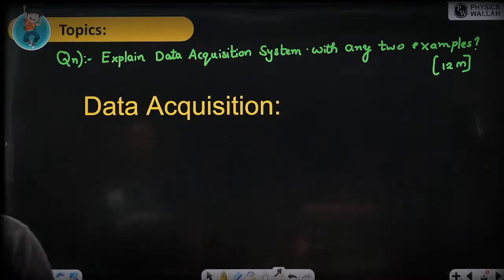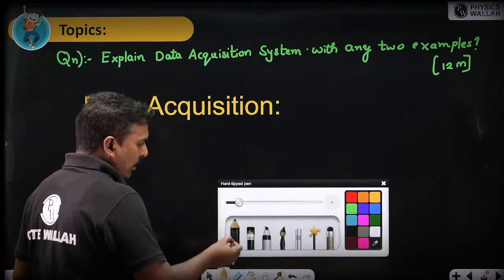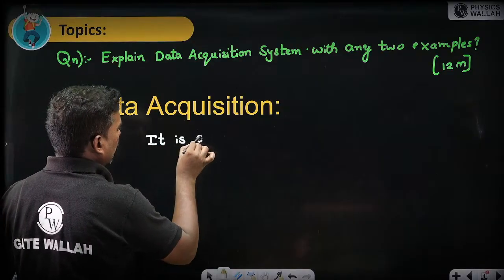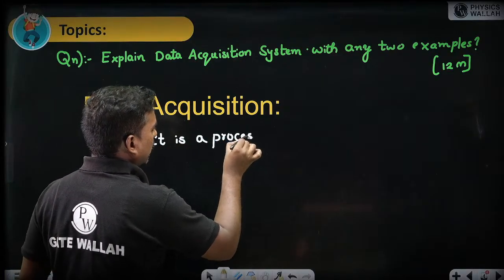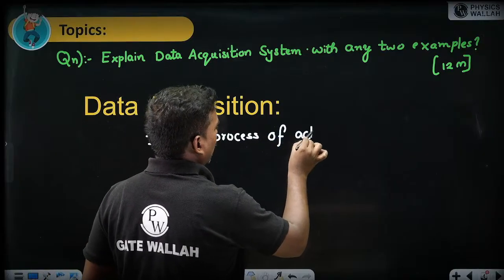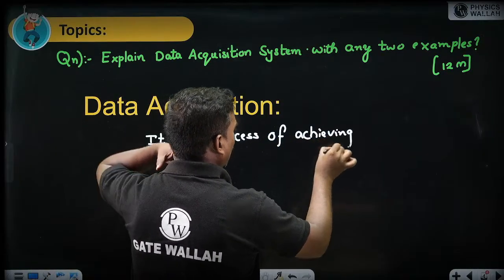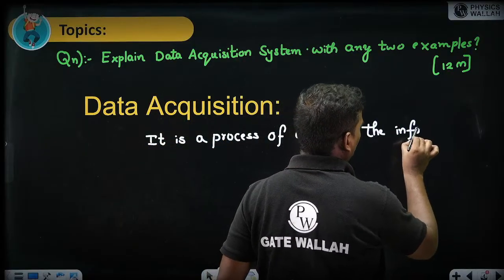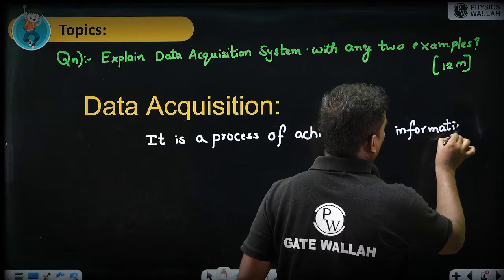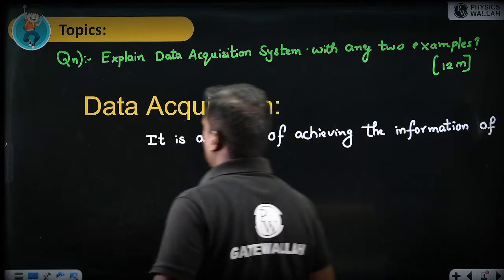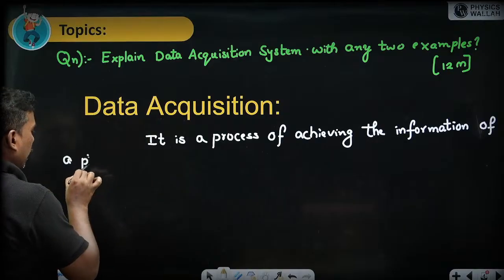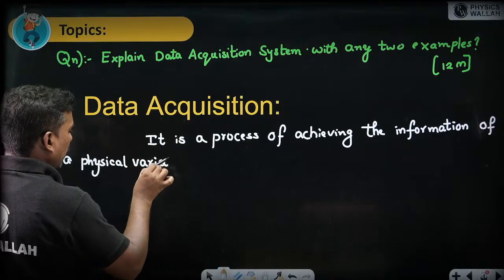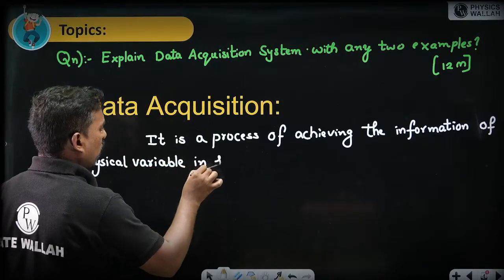How to define the data acquisition? It is a process of achieving the information of a physical variable in required format.